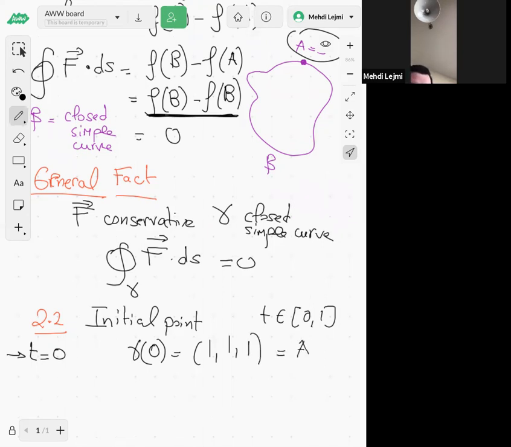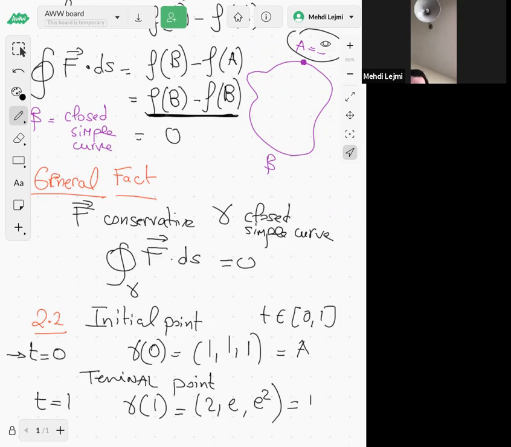The terminal point is the last value of t in the interval, so t equals 1. That would be gamma of 1. Gamma of 1 is 1 squared plus 1, that's 2, e, and then e to the e squared, right? So this is my point B. And of course, here A is different from B, which means that this path gamma is not closed.